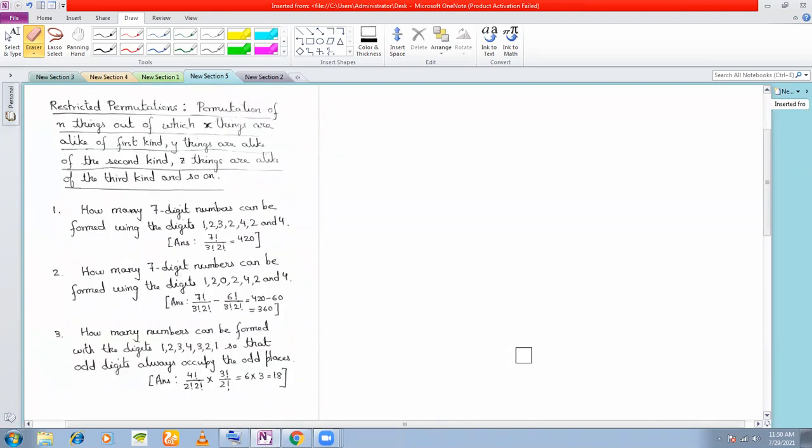Okay, first problem. It's a very easy one. How many 7-digit numbers can be formed using these digits? These digits are given to you.